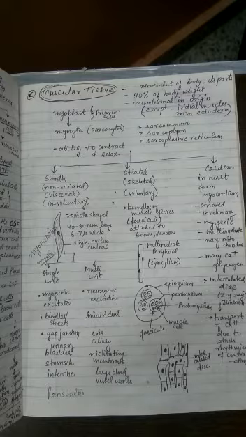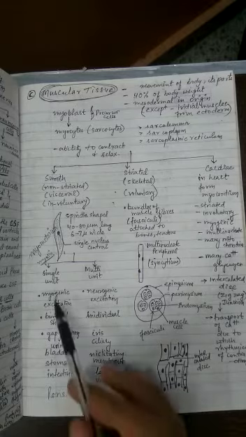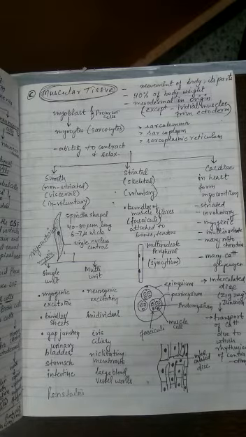Now bridges bring us to the topic of epithelial tissue. If you remember, cells are attached with the help of bridges, and these muscles contract simultaneously as a single unit. That's why they are called single unit smooth muscles, and they occur in the wall of the hollow organs of your gastrointestinal tract or the alimentary canal.